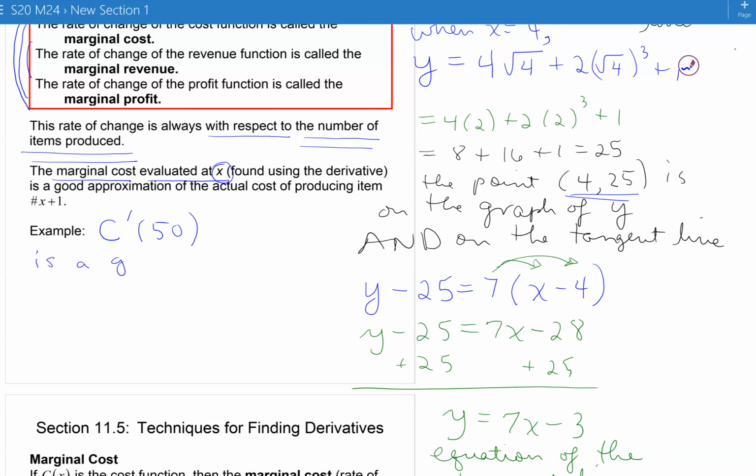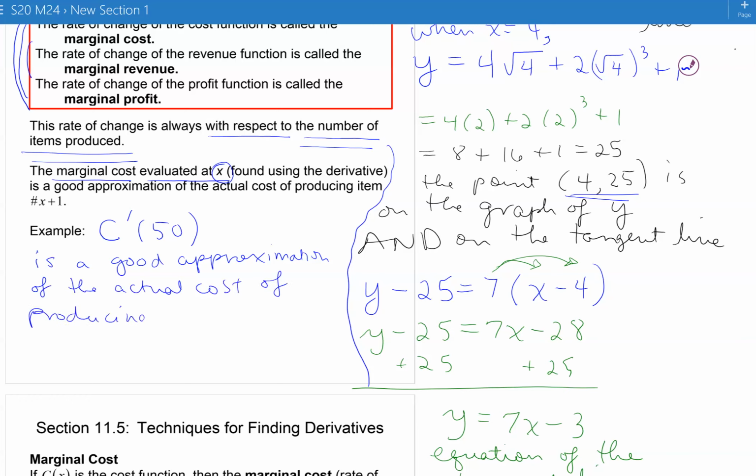This is a good approximation of the actual cost of producing the next item, the 51st item.